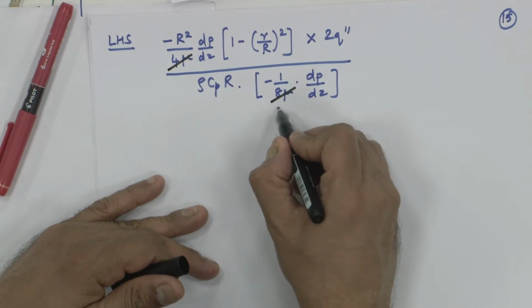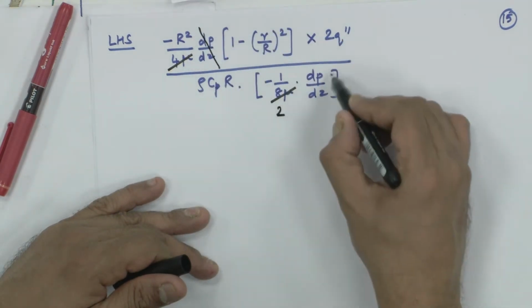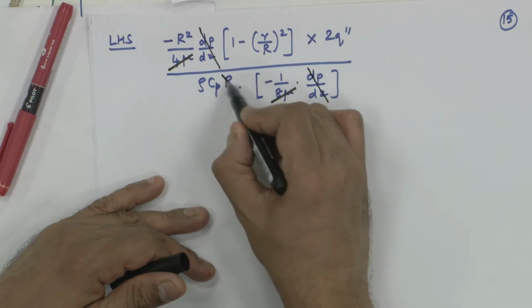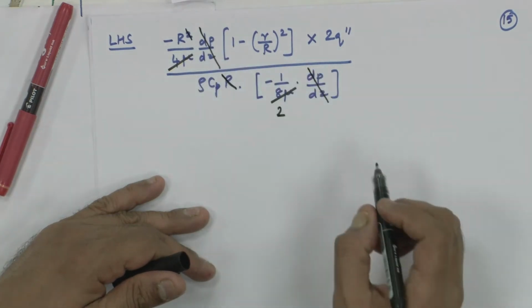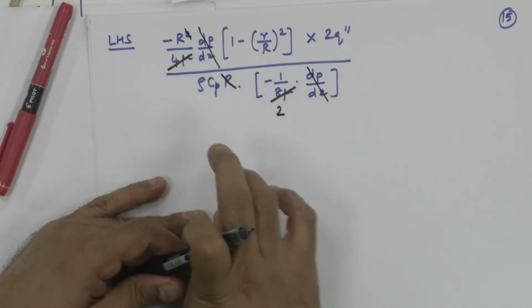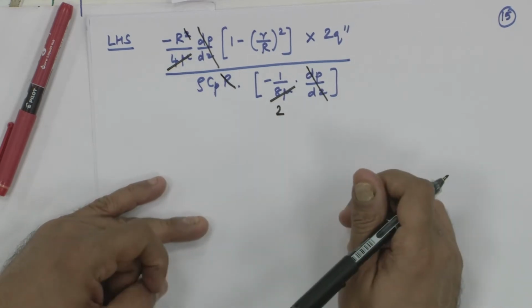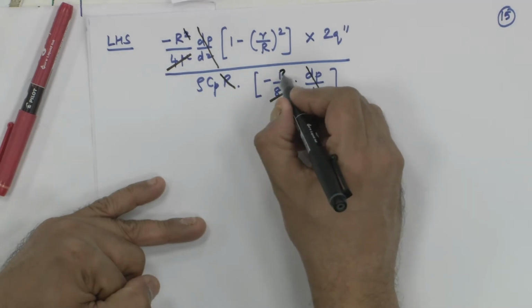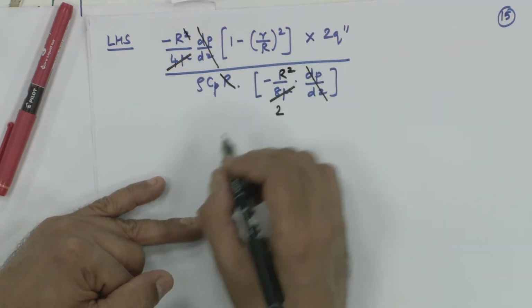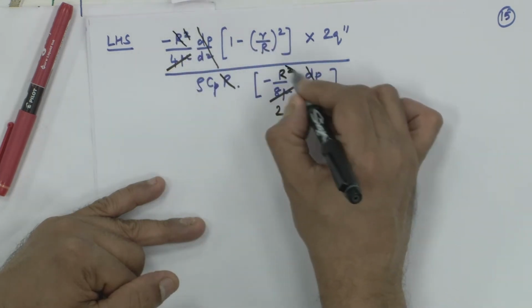So, I am left with 2 here, dp by dz cancels off, 1 r cancels off with 1 r. I am left with, sorry, this is R squared, so there is 1 r left here still. So, this is going to cancel.